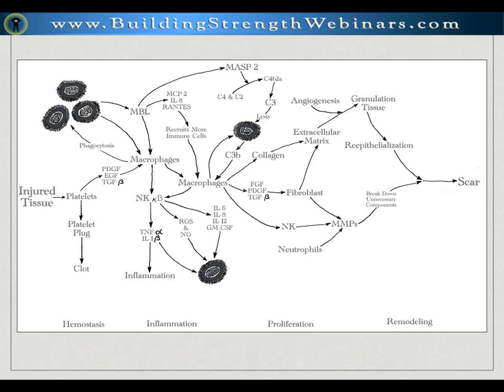And this is why macrophage is so important, and therefore we come back to the understanding of why mannose is so important, because mannose stimulates macrophages to cause those things to happen. And with the understanding of this, we understand why clinically we see that when we use this important substance, it helps with the wound healing process.